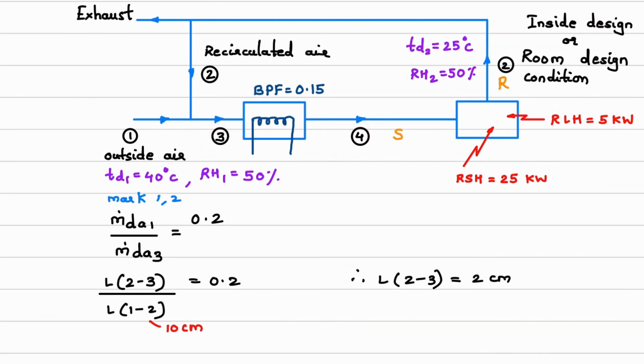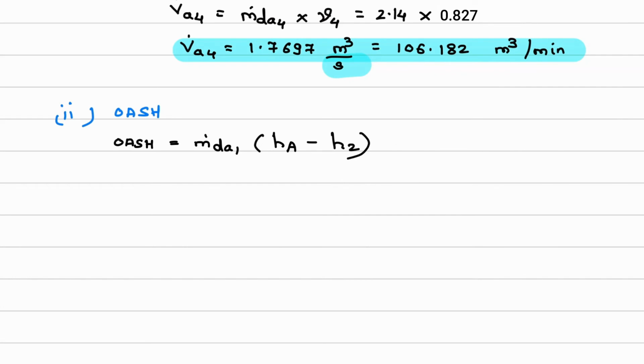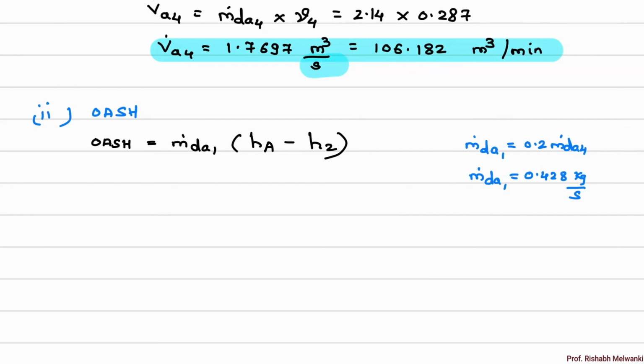So I can calculate m dot dA1. m dot dA1 will be 20% of m dot dA4. So m dot dA1 value is 0.428 kg of dry air per second.